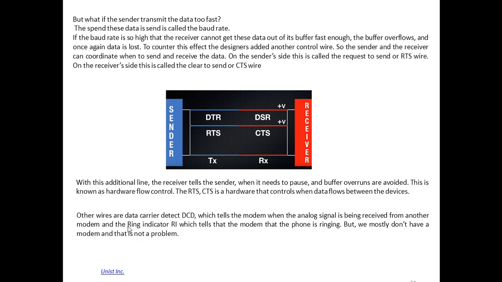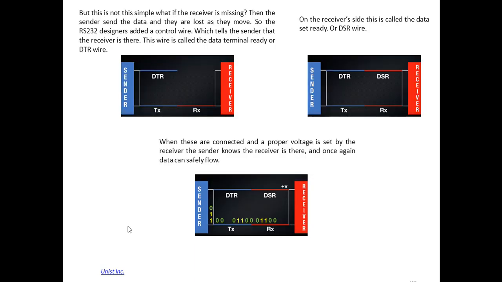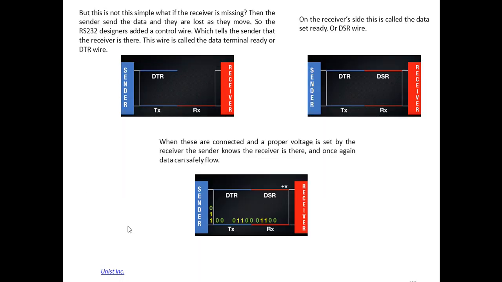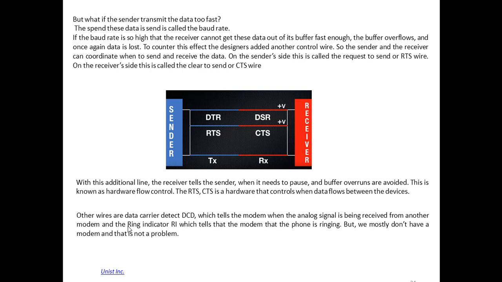But we mostly don't have a modem, and that is not a problem. We mostly have a null modem or no modem. This is for really old instruments. Whatever I told you about these wires was just for you to have some information about what is happening with this RS-232 cable.